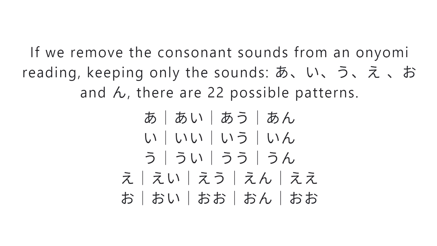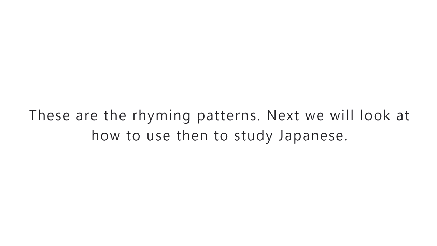To list off a few, we have a-i, a-u, a-n, and further down the list we have u-e, u-n, etc. These are the patterns. These are the rhyming patterns. Next we will look at how to use them to study Japanese. It gets a little more complicated.